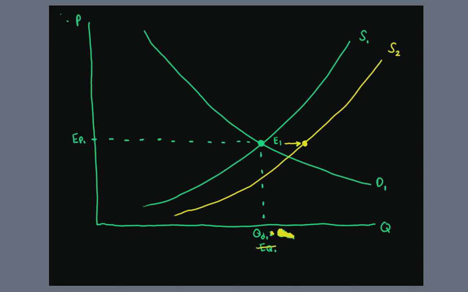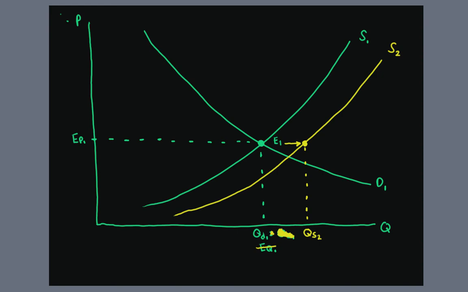And so what I have here, again, is a surplus. They've produced more at this price. They've produced more chocolate ice cream, and at this price, consumers are not willing to purchase that much ice cream. So there's a surplus.